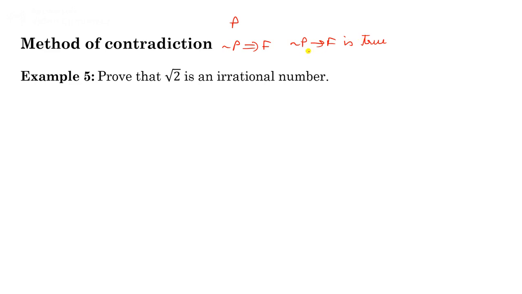In which case is negation P implies F true? So the conclusion value is F, and we have a choice for only this one.